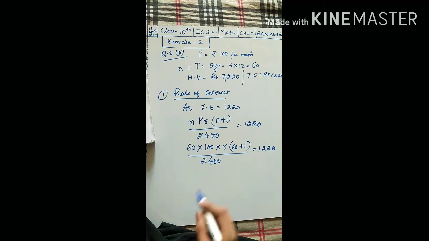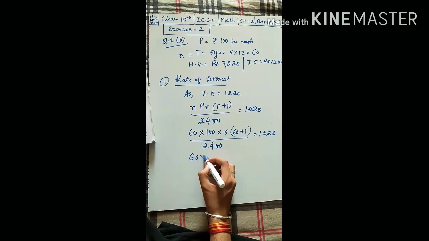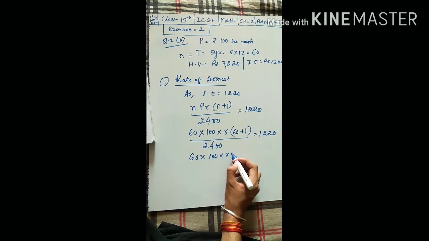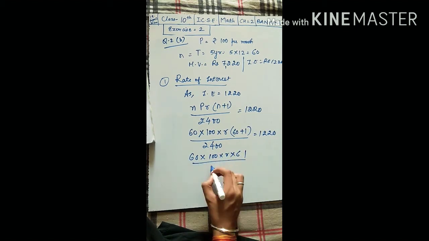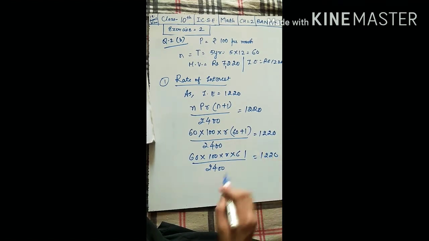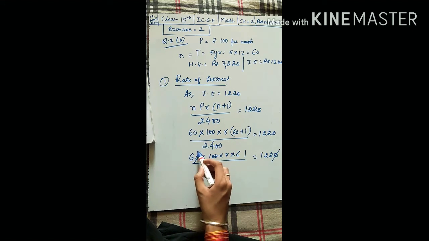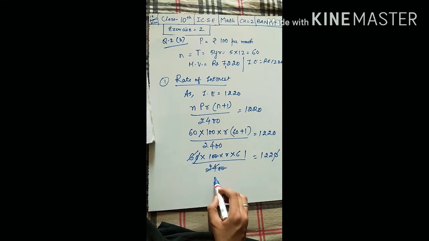So 60 into 100 into r into 61 upon 2400 equal to 1220. This 2 with this 2 we can cancel. This 0 with this 0 we can cancel. This 6 with this 24 we can cancel, it will be cancelled by 4.